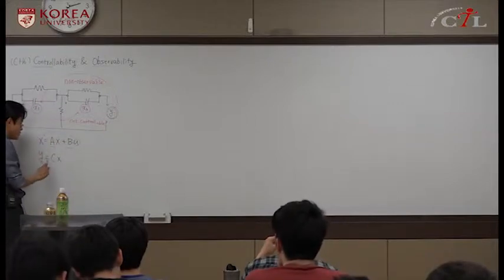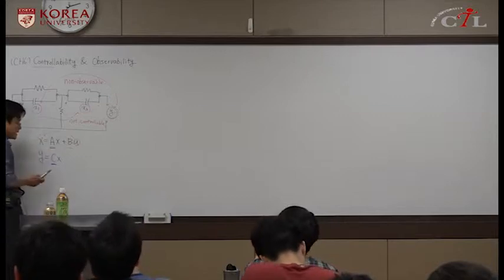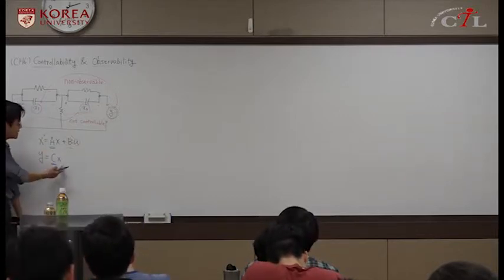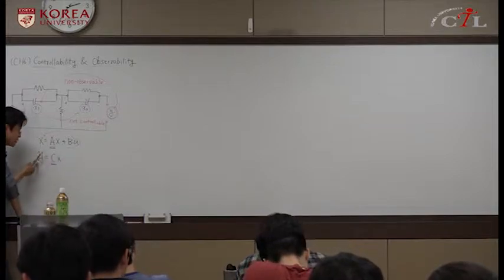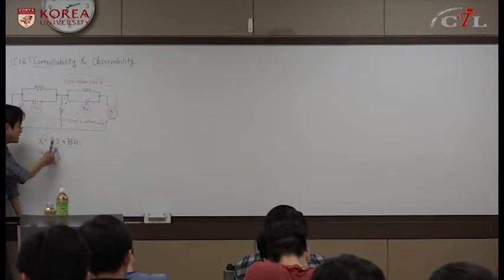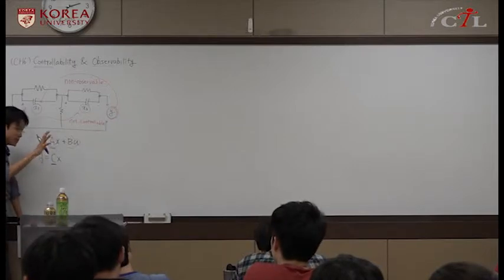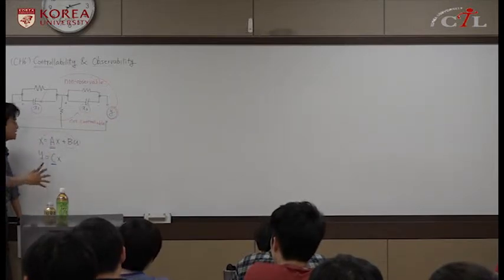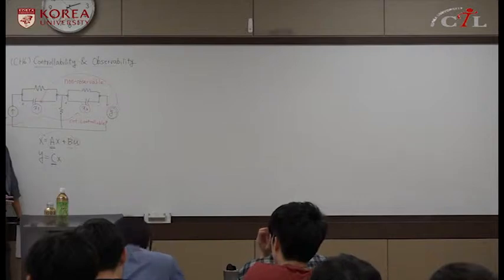Observability has something to do with C and A. C is the relationship of state and output. So the state is properly related to the output, and the state has some specific transition matrix A, then some nice combination of A and C makes the system observable. Otherwise, the system is not observable.